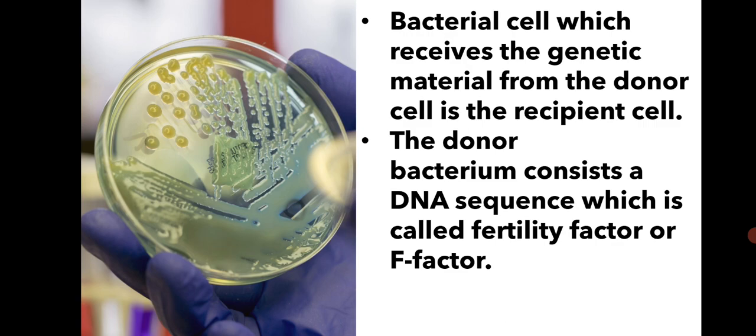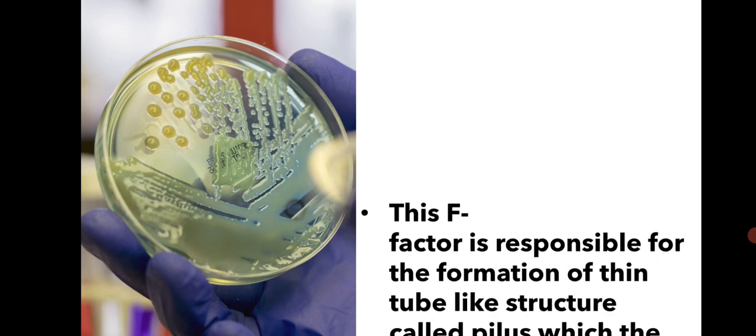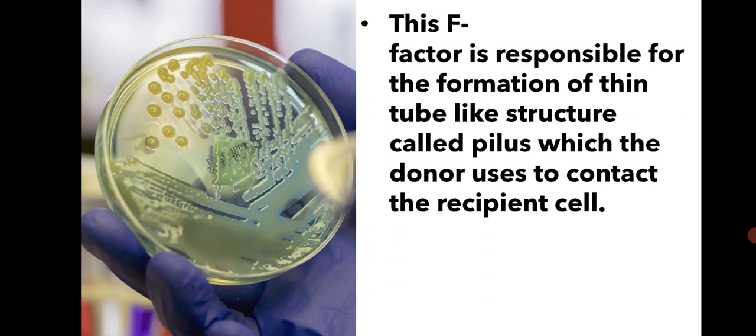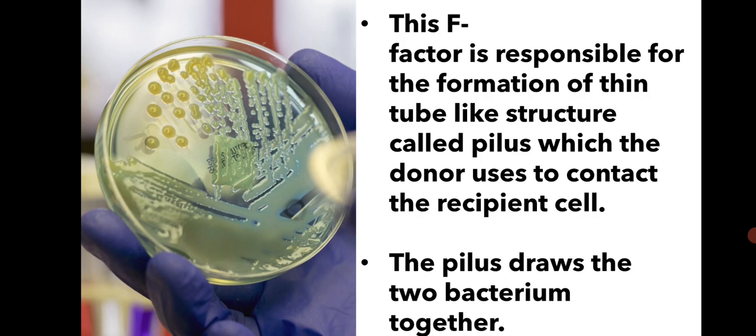The donor bacterium consists of a DNA sequence which is called a fertility factor or F factor. This fertility factor is responsible for the formation of a thin tube-like structure called pilus, which the donor uses to contact the recipient cell.